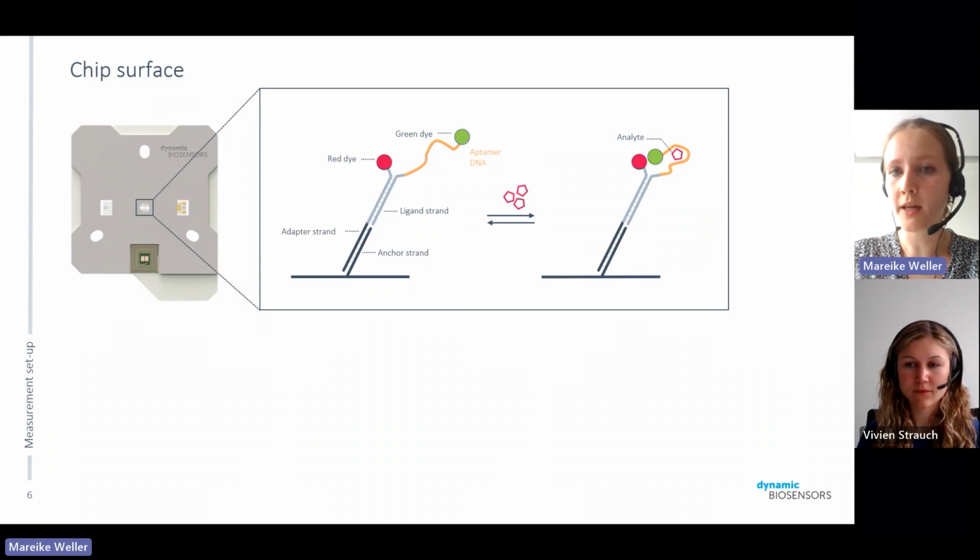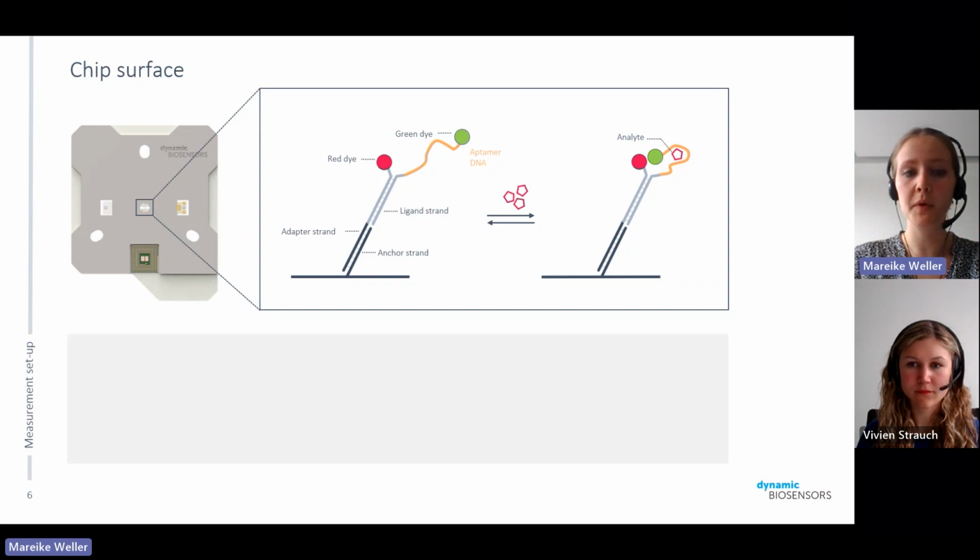The reason is that we also want to detect if there are conformational changes, if a small molecule comes in and might change the conformation of our aptamer. Because as you remember from the first slide that I showed you, the aptamer regions are the sensory domains that change their conformation in a huge way to also regulate the whole riboswitch systems.